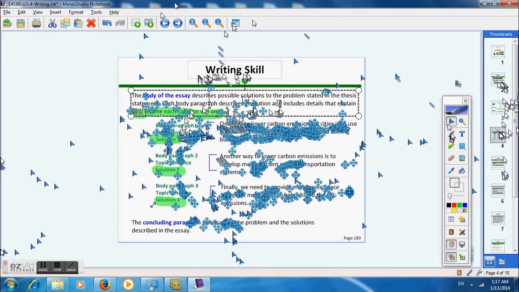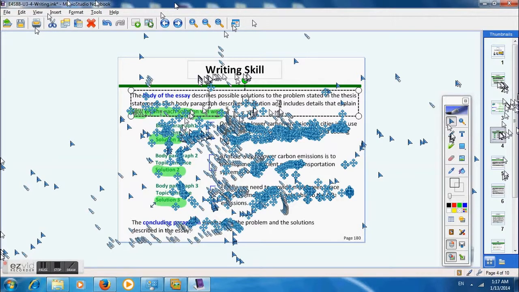It says one way, and it says another way, and finally. Of course, you can have another form of keywords. You can have first, you can have second, and you can have finally or lastly. And then the concluding paragraph summarizes the problem and the solutions described in the essay.